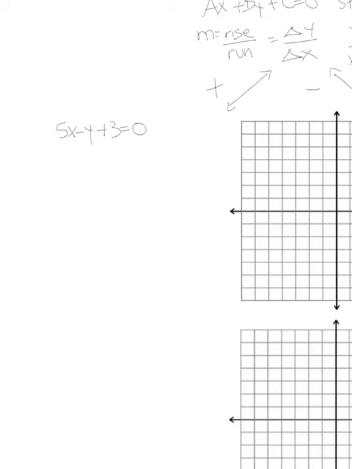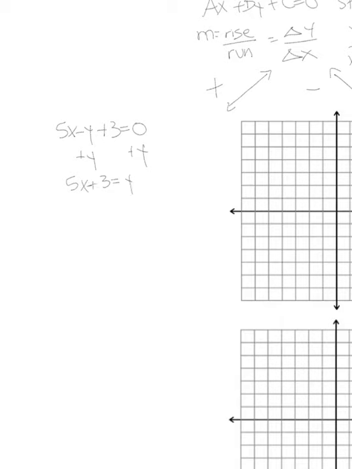First things first, if we want to find the slope and y-intercept, it is easiest to put it in slope-intercept form, y equals mx plus b. So I'm just going to add y to both sides, and this becomes 5x plus 3 equals y.